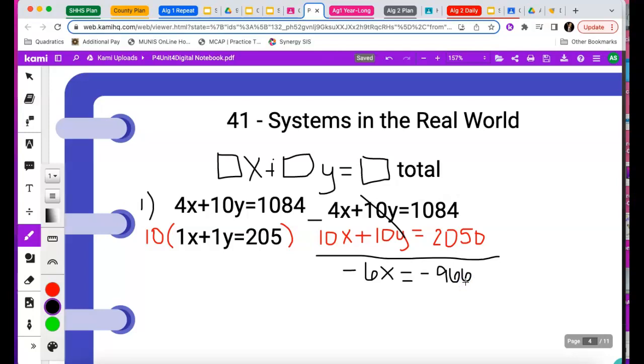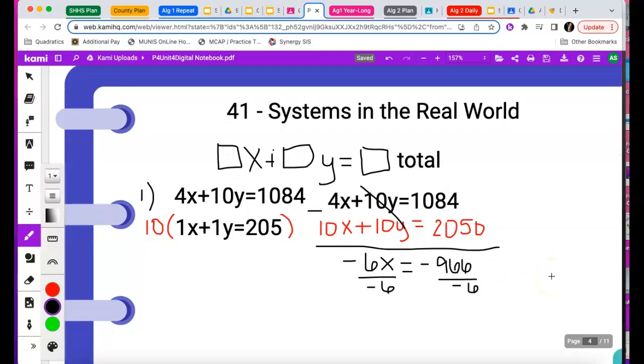So now we're just ready to do all the opposite stuff. So the opposite of multiply by negative 6 would be to divide by negative 6. So we do the same sequence of steps, it's just the numbers are slightly different. And if you type that into the calculator, we get x is equal to 161. So that's our first part of the solution.